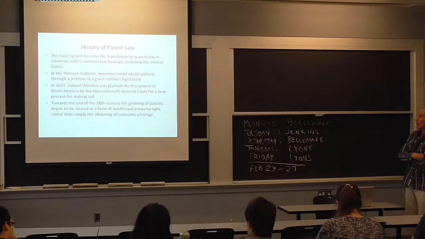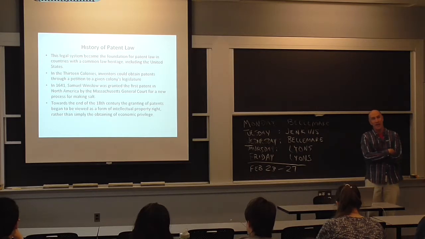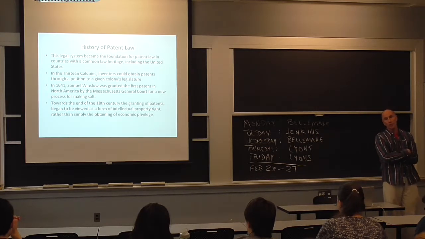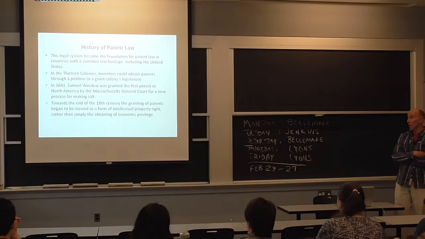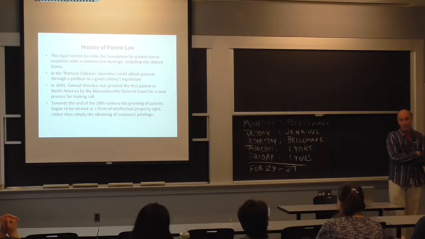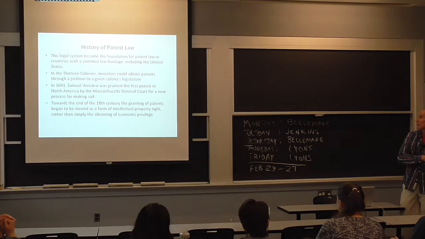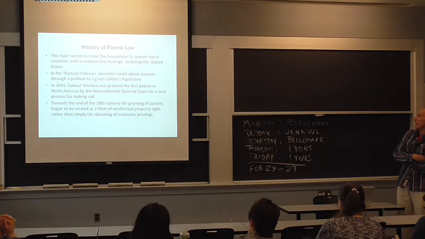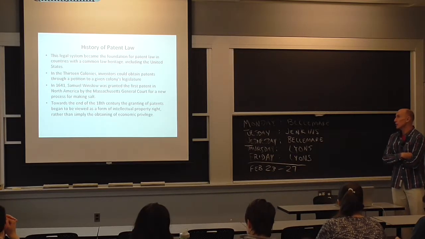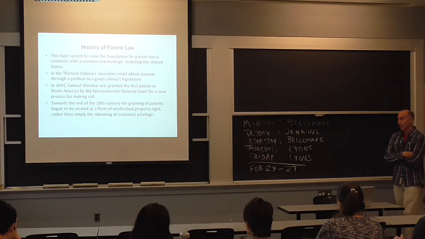In 1641, and I'm trying to make this relevant to material science students, but it just so happens that the first patent ever issued here in North America had to do with material science. It was given in 1641 to Samuel Winslow, who was granted the first patent in North America by the Massachusetts legislature for a new process for making salt.